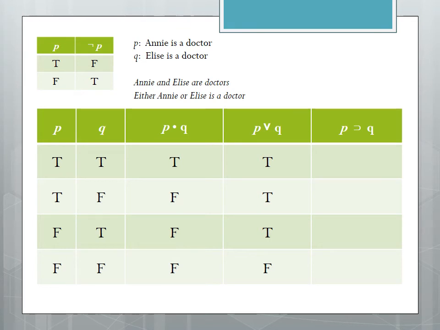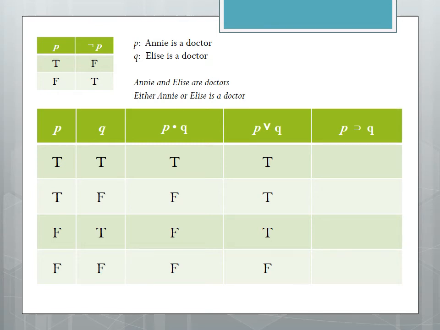So we can summarize this column as a disjunction is false if both disjuncts are false but true otherwise. This then brings us to the final and perhaps most difficult column on the truth table, the conditional.